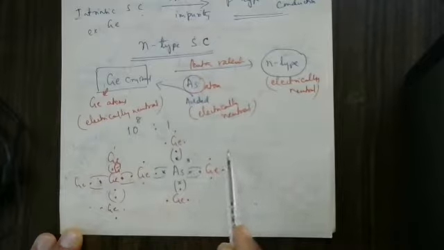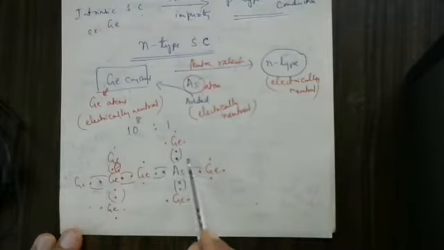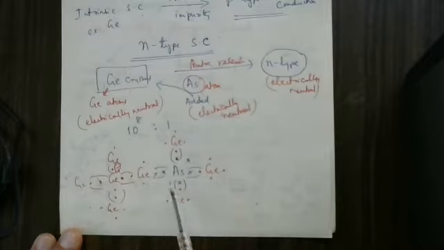I can call it the binding energy. Take your nuclear physics and read about the binding energy concept. The electron revolving around the nucleus of the arsenic is loosely bound, whereas these other electrons are strongly bound because of the covalent bonds. This electron has lesser binding energy.